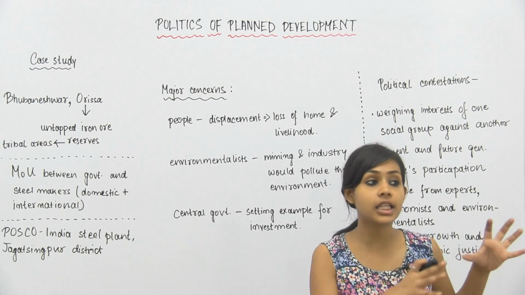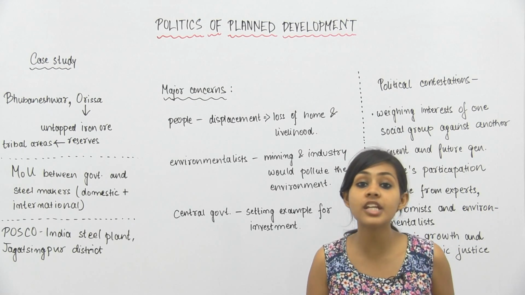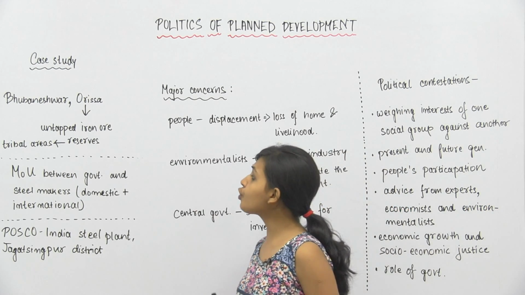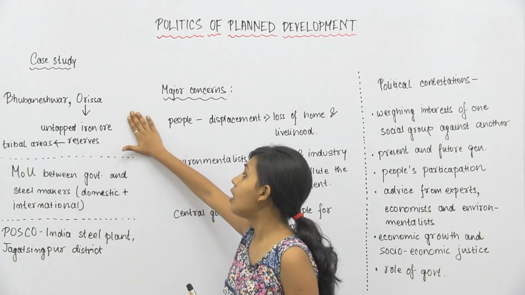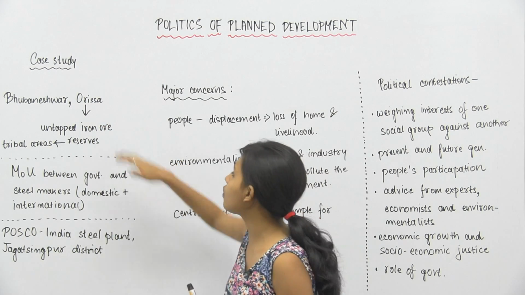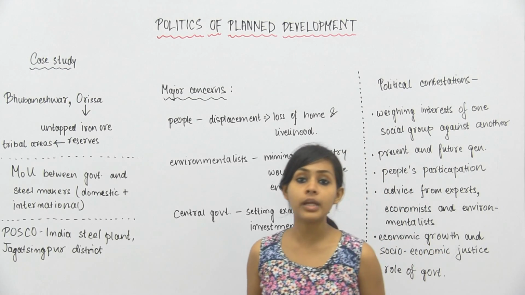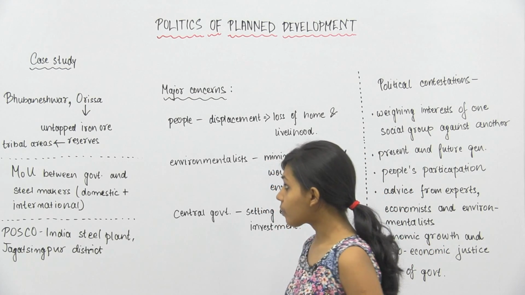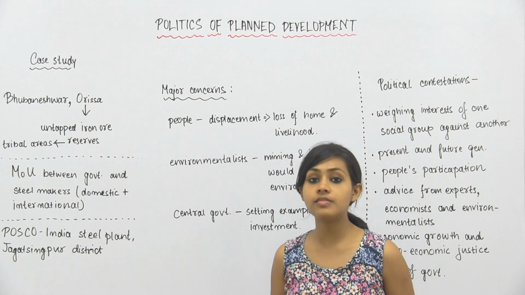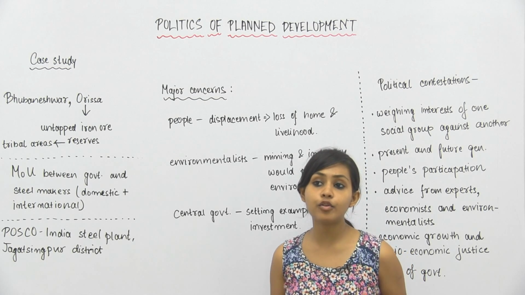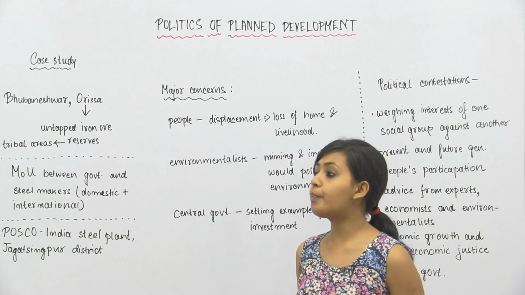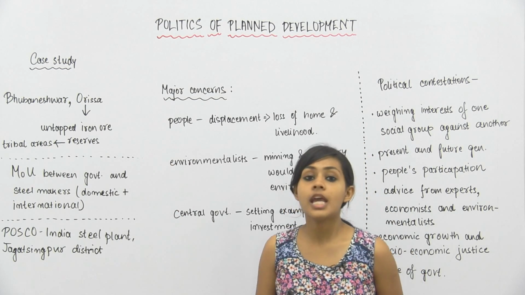So they get access to their basic raw material. That is why the presence of untapped iron ore reserves in Orissa is of much economic importance, right? But these reserves are basically present in predominantly tribal areas.